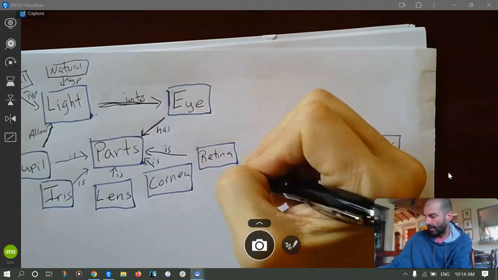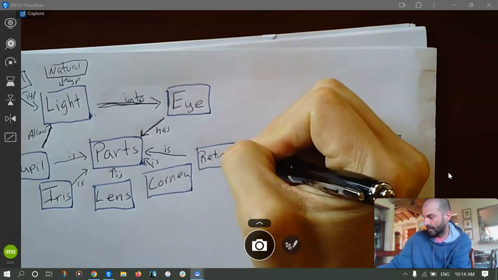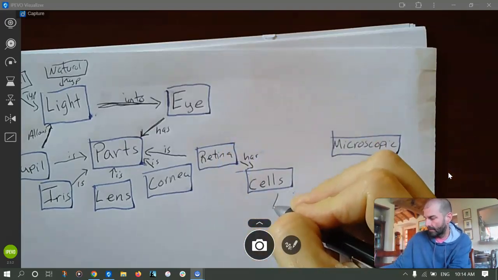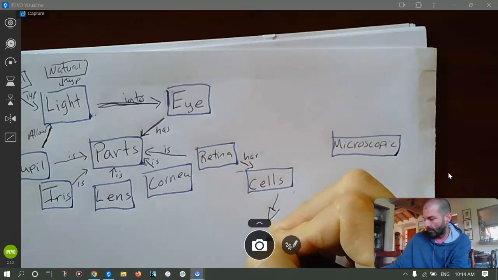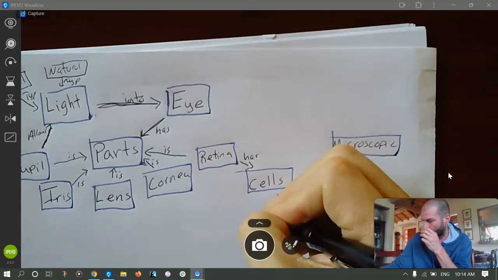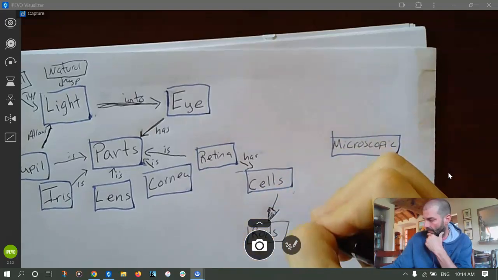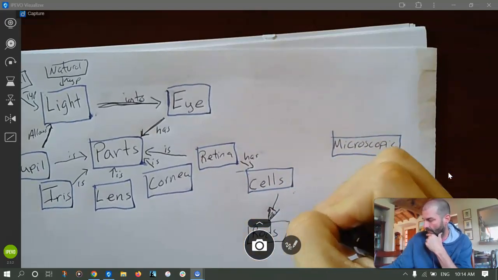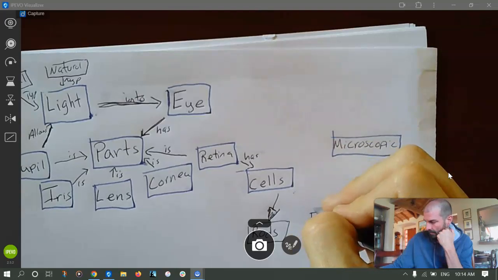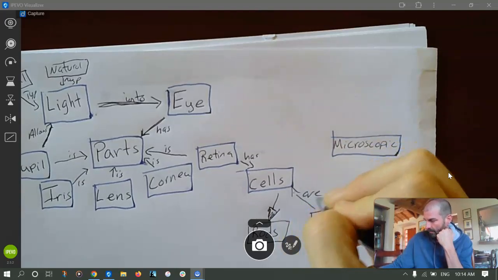Now coming over here, the retina, that has cells. What were those cells? Okay, no, maybe I don't want to do that. So I have the rods, and then the cones, and then they are cells.